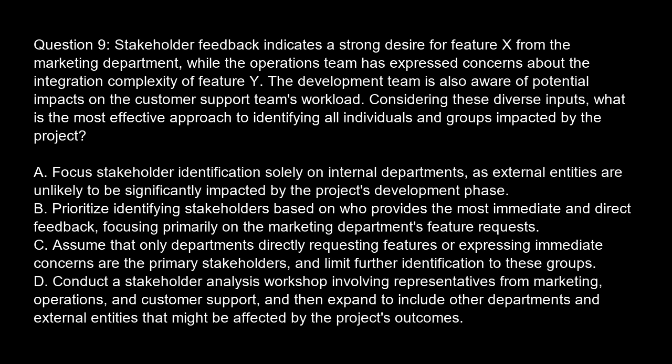Option C. Assume that only departments directly requesting features or expressing immediate concerns are the primary stakeholders, and limit further identification to these groups. Option D. Conduct a stakeholder analysis workshop involving representatives from marketing, operations, and customer support, and then expand to include other departments and external entities that might be affected by the project's outcomes.